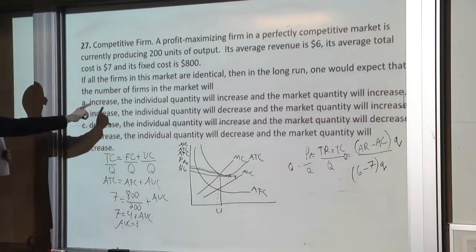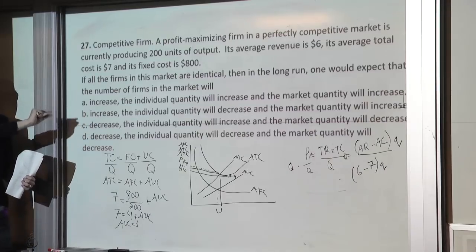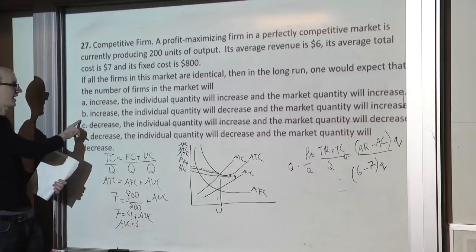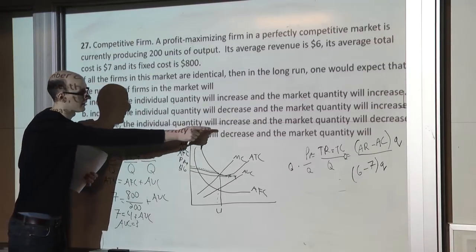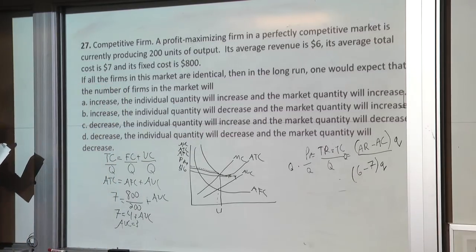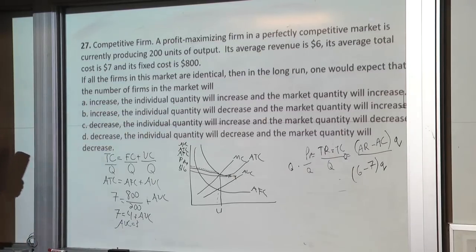The number of firms in the market will decrease because they can't all operate at a loss the whole time, so some will exit. The individual quantity will increase, so each firm's quantity will increase because the price is rising, because the market quantity will decrease.